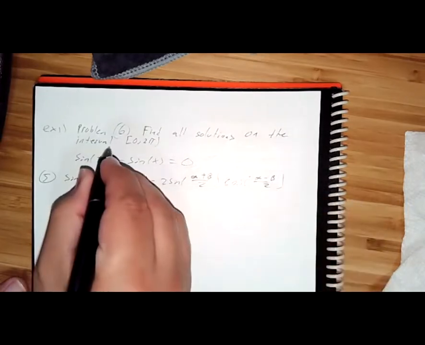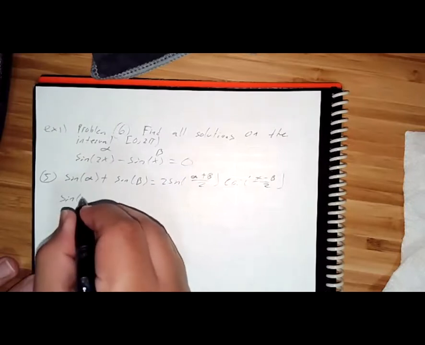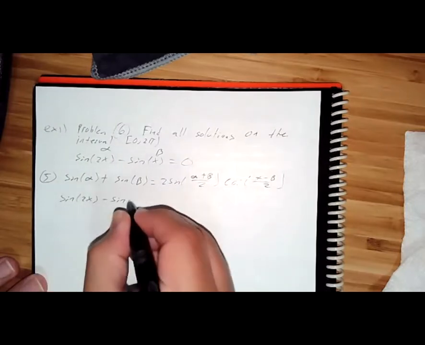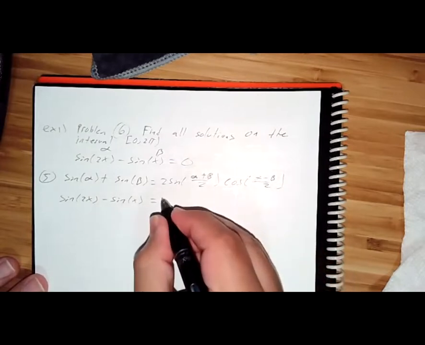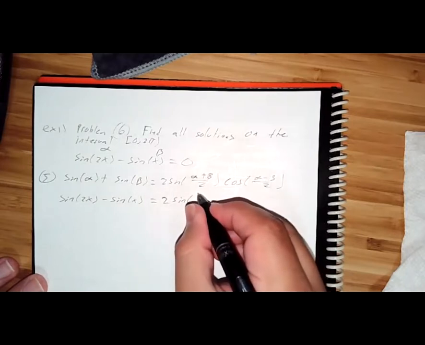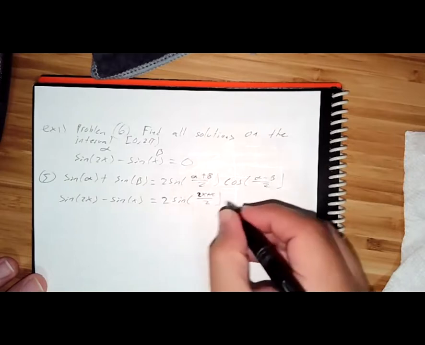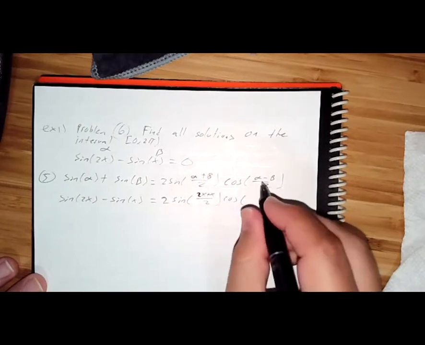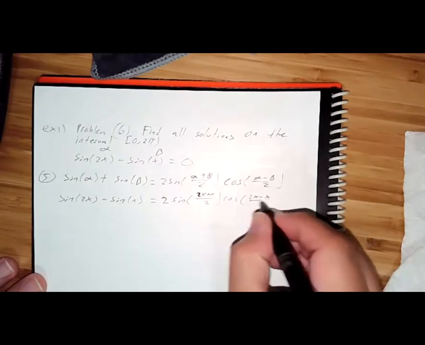So make this your alpha and your beta. That's all you got to do. So sine of 2x minus sine of x is equal to 2 sine of 2x plus x over 2 cosine of 2x minus x over 2.